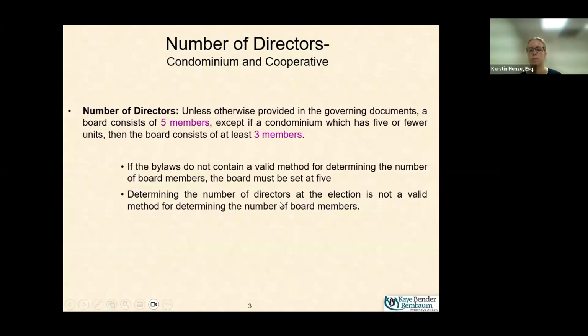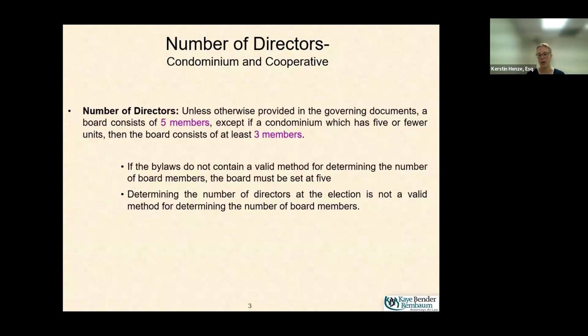So we're going to talk about condominium and cooperatives first, and then we're going to discuss elections for HOA. All right, so for condos, unless your governing documents provide otherwise, the board has to consist of at least 5 members. So the first step is to take a look at your governing documents, which consist of your declaration, your bylaws, and your articles of incorporation.